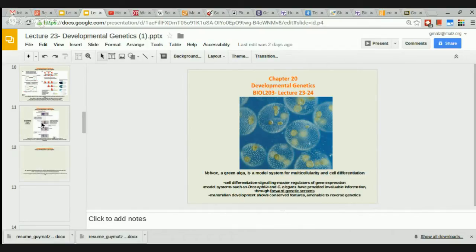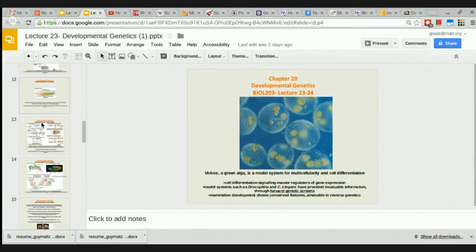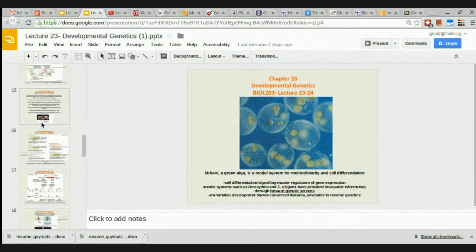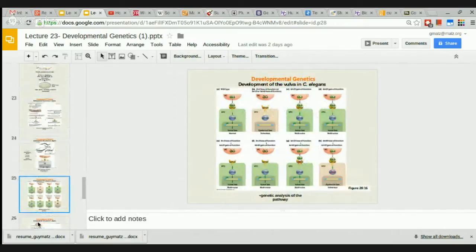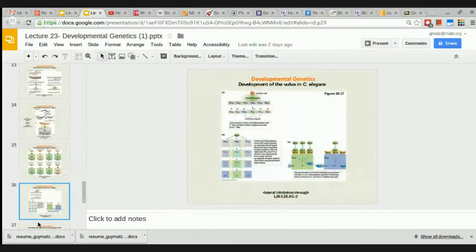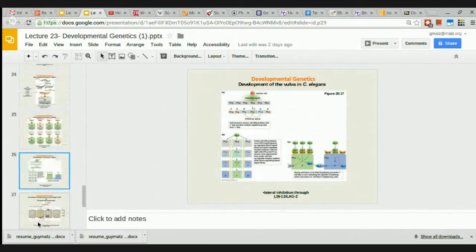At the same time, the Lin3 pathway, LET23 receptor and LET60 induce the differentiation of P6P into the vulval structure, and they ensure the neighboring cells are induced to become supporting cells, so they will not form a vulva. And this is an inhibitory activity. So LAC2, Lin12 is an inhibitory activity of the vulval development in P7 and in the neighboring cells as well.